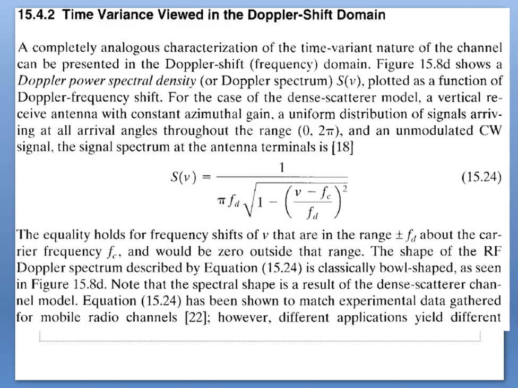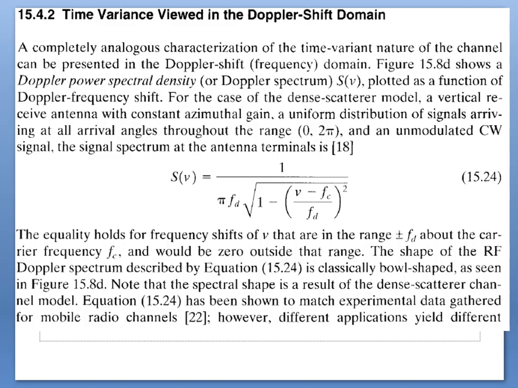This is also noted in the figure above as the duality blocks 7, 16 and others. The duality is between the time spreading mechanism in the time delay domain and the time variant mechanism in the Doppler shift domain. The knowledge of S of V makes it possible to estimate how much spectral broadening is imposed on the signal as a function of the rate of change in the channel state.